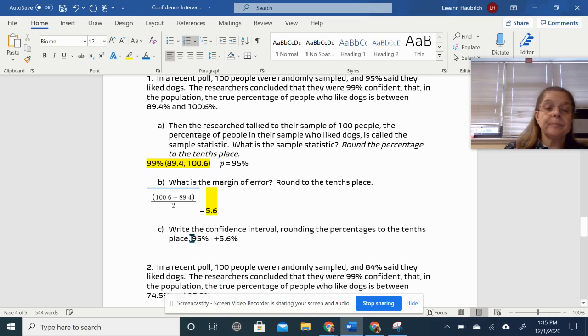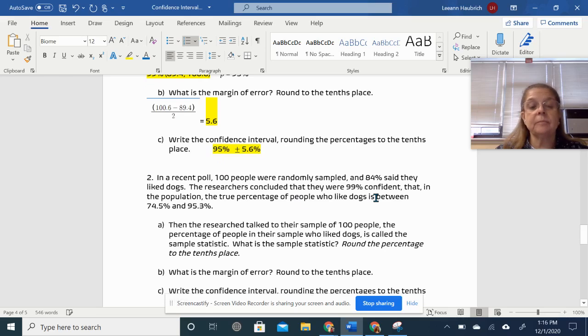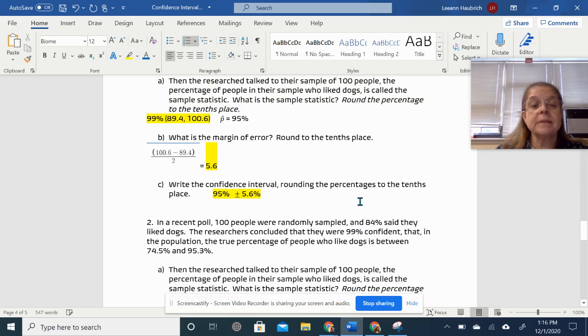I just bounce that out a little so you can see it. So there's a lot to do here. Okay, so the confidence interval, 95 plus or minus 5.6%. This is another one about a recent poll, but this time they're using a 99% confidence.